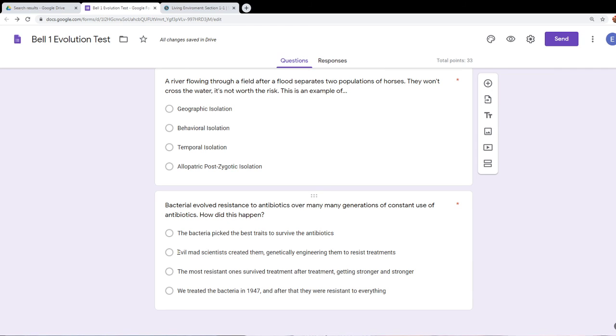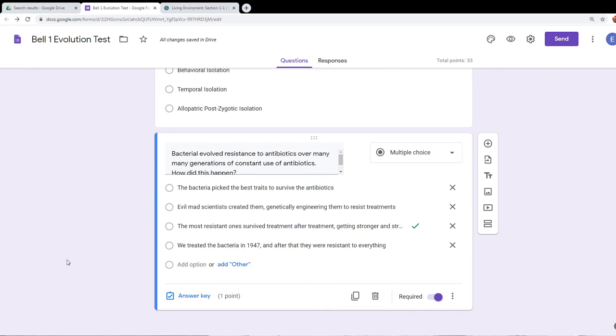That an evil, mad scientist created them, genetically engineering them to resist all treatments? Is it that the most resistant ones survived treatment after treatment and just got stronger and stronger? Or is it that we treated the bacteria back in 1947 and after that they were just resistant to everything? Which one of these is the correct story for how bacterial resistance happened?